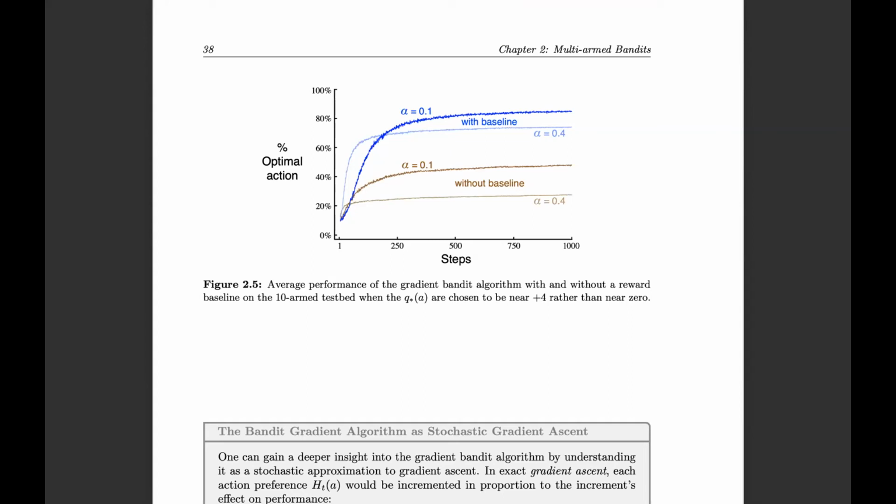And in the lower one, it is taken as 0. So that's the difference that the author is trying to say.